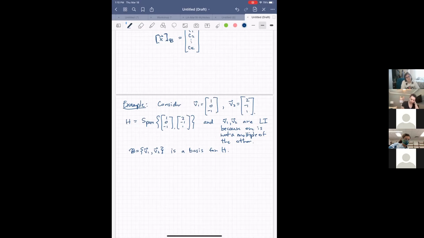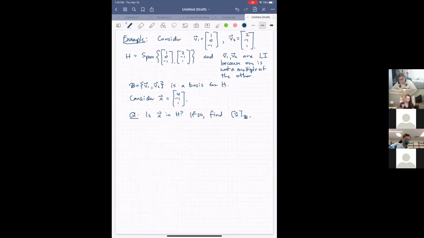Now consider a vector X. So say this is our vector X, and we want to ask, so our question is, is X in H, first of all? So is X in H, and if so, let's just put it this way, find the B coordinate vector of X, right?